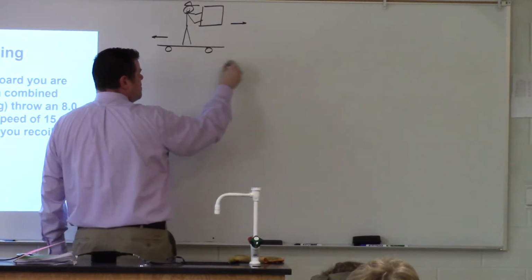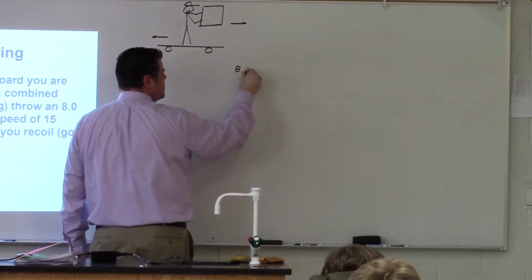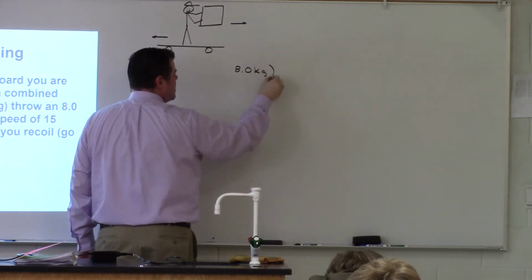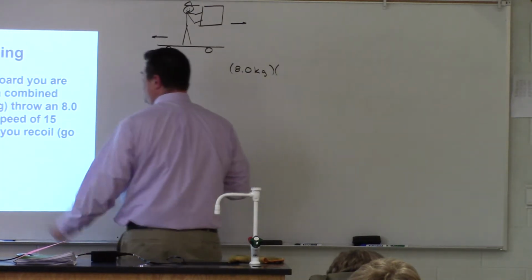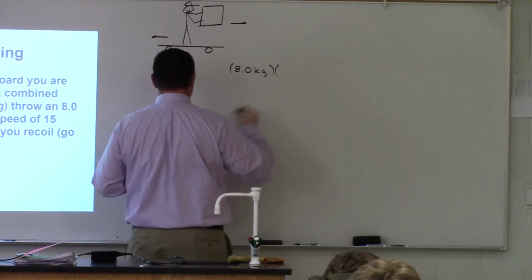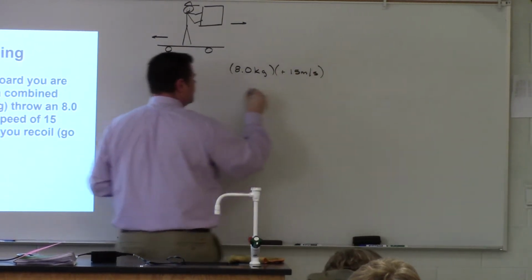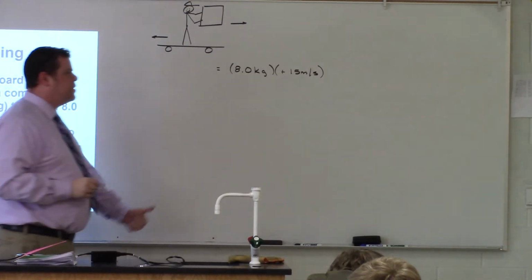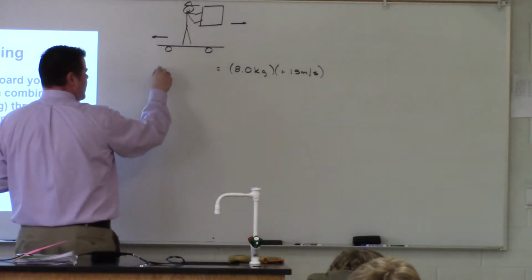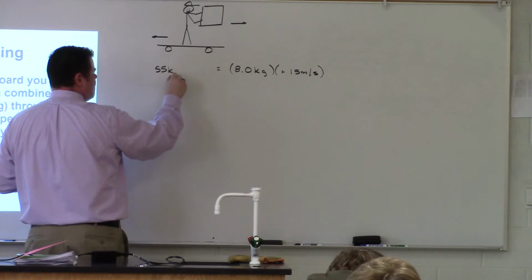So this momentum forward is 8 kilograms times the velocity, if we call forward the positive direction, of 15 meters per second, will result in your momentum backwards, and your mass now is 55 kilograms.